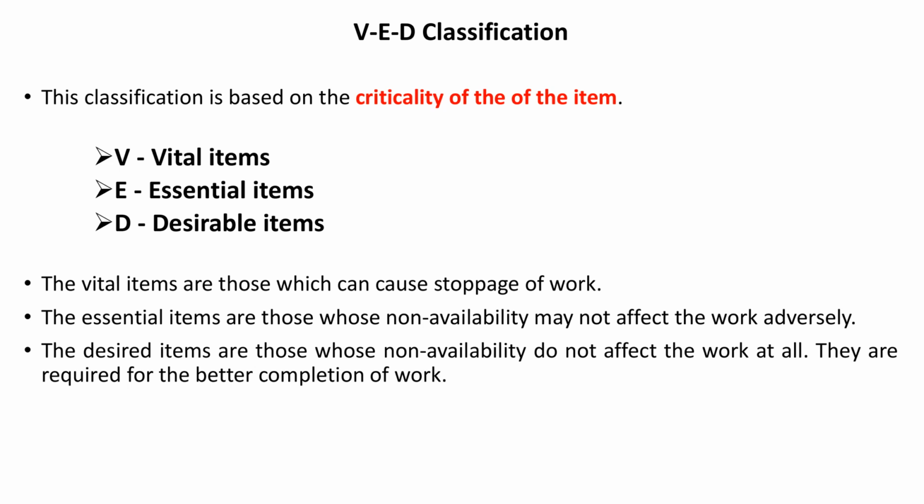The vital items are those which can cause stoppage of work. The essential items are those whose non-availability may not affect the work adversely. And desirable items are those whose non-availability does not affect the work at all. They are required for the better completion of work.